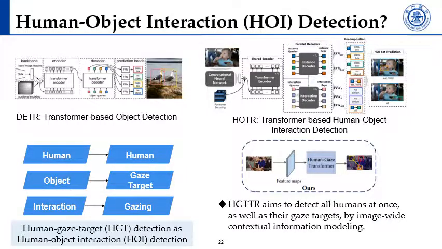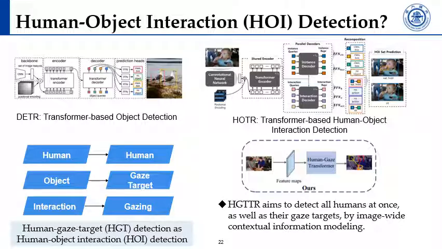An HOI instance is a tuple of human, object, and interaction label. So we can use this concept for human gaze target detection. We can see the correspondence between the instances of human gaze target detection and human object interaction detection: the human is the human, the object is the gaze target, and the interaction is gazing.